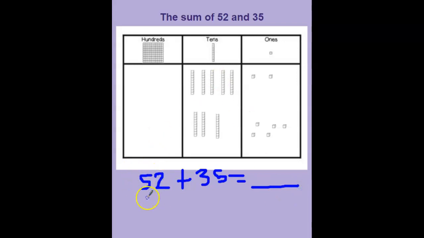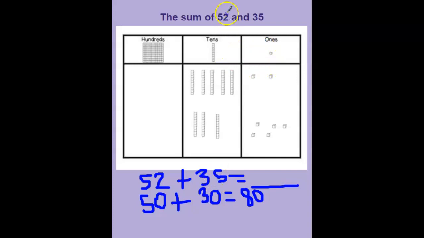The 5 in the tens place is worth 50, 10, 20, 30, 40, 50, and the 3 in the tens place for 35 is worth 10, 20, 30. So 50 plus 30 equals 80, because 5 plus 3 is 8, and it's in the tens place. So 5 tens plus 3 tens is 8 tens, or 80.